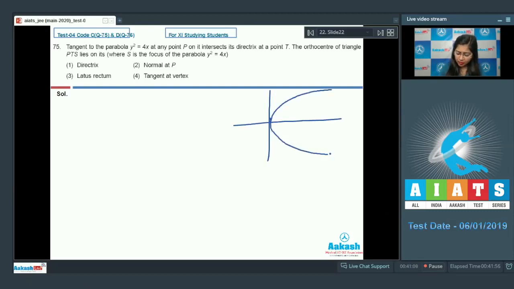Let us say this is the parabola y² = 4x, and it is given that the tangent to the parabola intersects the directrix at point T. This is the directrix. The orthocenter of the triangle PTS, where S is the focus and this is the point P.